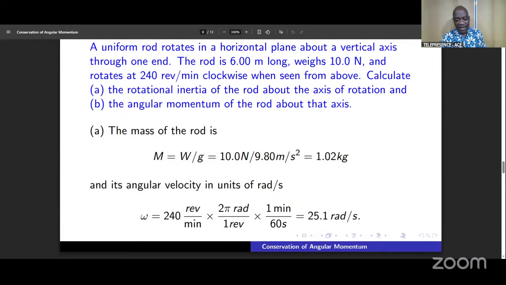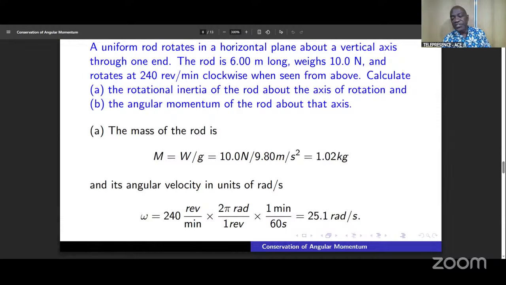One revolution is 2 pi radians, so that's why we are multiplying by 2 pi radians per revolution. Then 1 minute is 60 seconds, so that's why we are multiplying by 1 minute over 60 seconds. When you do the calculation, you get 25.1 radians per second.